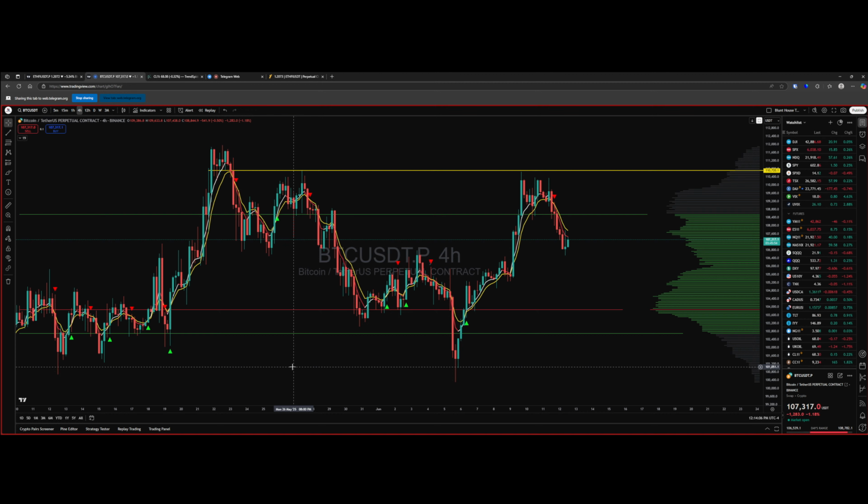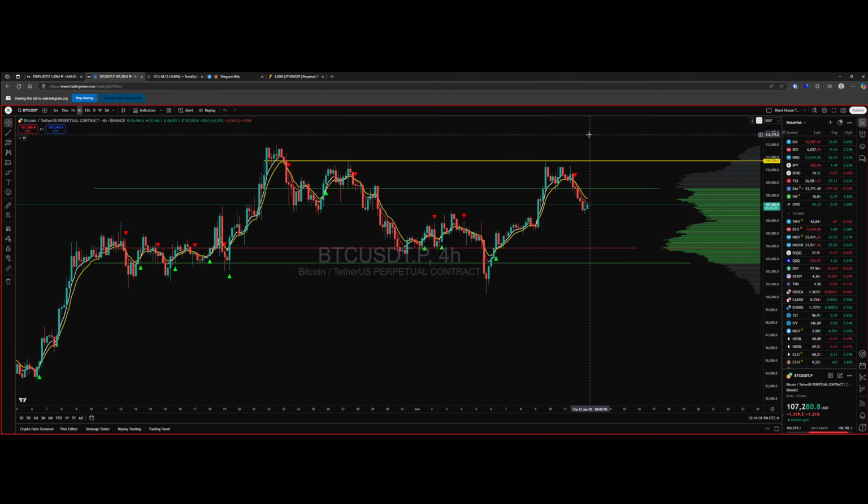So now that that's out of the way, here we are on a Thursday afternoon, an early afternoon at that, and we're looking at a 4-hour chart of Bitcoin. One of the things that we talk about here that I think is really important is the ranges that we can create using just very simple tools.